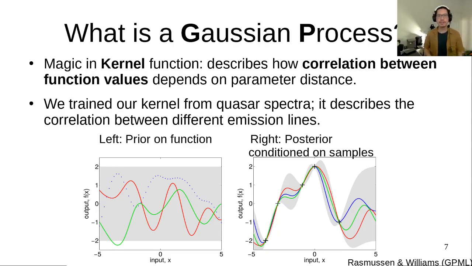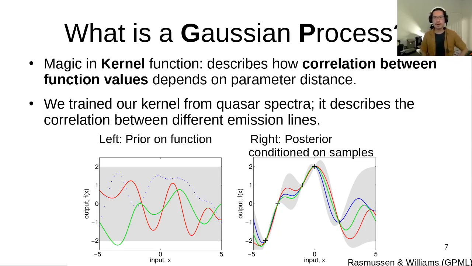Another important component of a GP is the kernel function. The kernel function describes how different points correlate with each other depending on their distance. Instead of using a predefined kernel, we actually trained a tailored kernel function from SDSS DR9 quasar spectra.